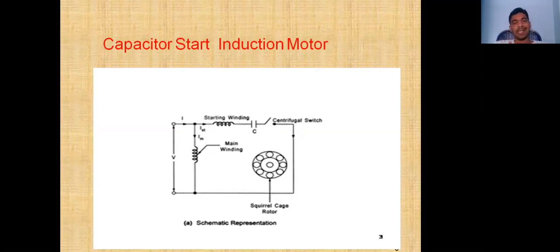The main winding has a high inductive nature, but the capacitor start motor's starting winding, that is the auxiliary winding, has a capacitor in series with it, and a centrifugal switch in series with the auxiliary winding.